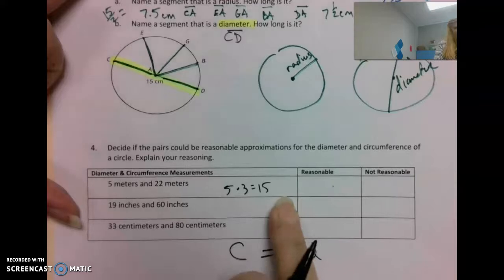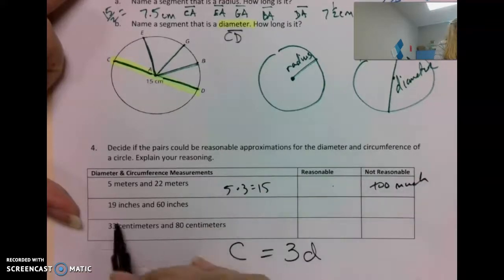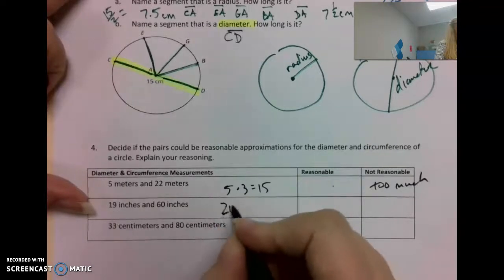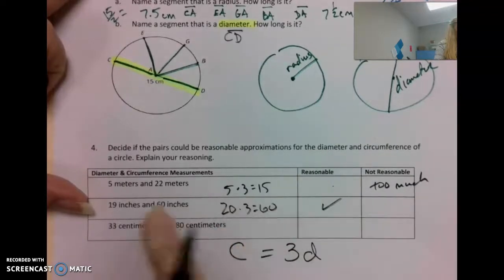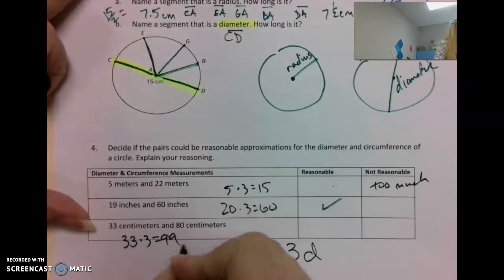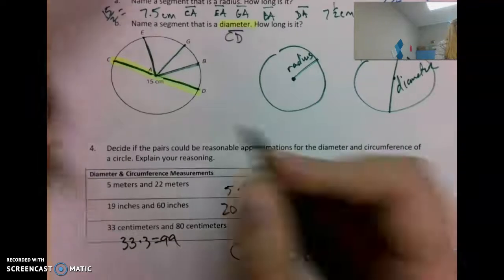That's going to be too much. Okay, too much. Too much. Okay, 19 is real close to 20. 20 times 3 is 60. That's reasonable. Okay. 33 times 3 is 99. So that's too little. So that's not reasonable.